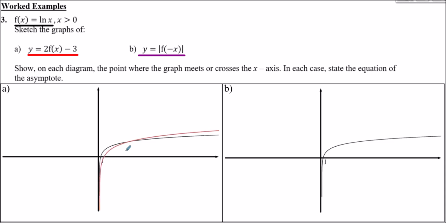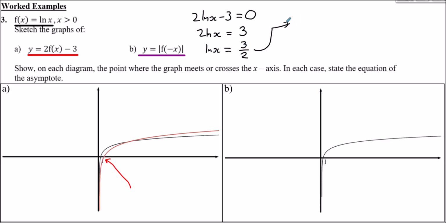Now in terms of where it crosses the x-axis, here I need to just set 2f(x) minus 3, in other words 2 ln x minus 3, equal to 0. So if I add 3 to both sides, 2 lots of ln x needs to equal 3, divide by 2, natural log of x needs to be 3 over 2.